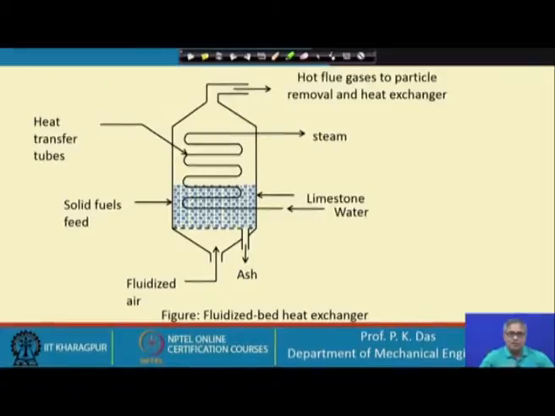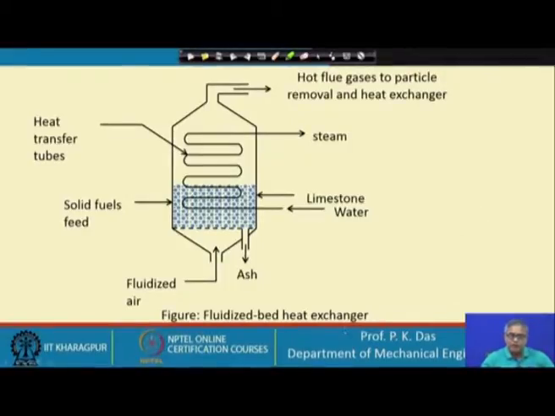Here I have picked up only one particular heat exchanger from our last classification, that is a fluidized bed heat exchanger. There are different types of fluidized bed heat exchanger, but I have taken an example where, in a fluidized bed heat exchanger, steam is being formed from water.